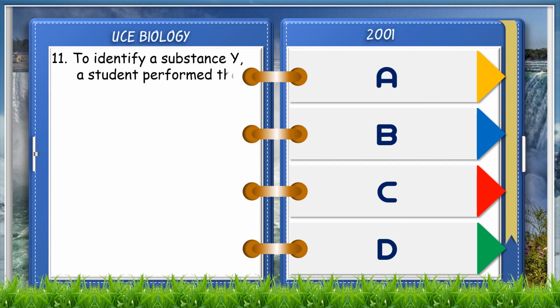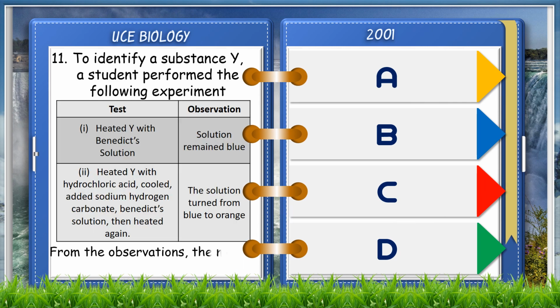To identify a substance Y, a student performed the following experiment. He tested heated Y with Benedict's solution. Under observation, the solution remained blue. In the second part, he heated Y with hydrochloric acid, cooled, then added sodium hydrogen carbonate and Benedict's solution, then heated again.